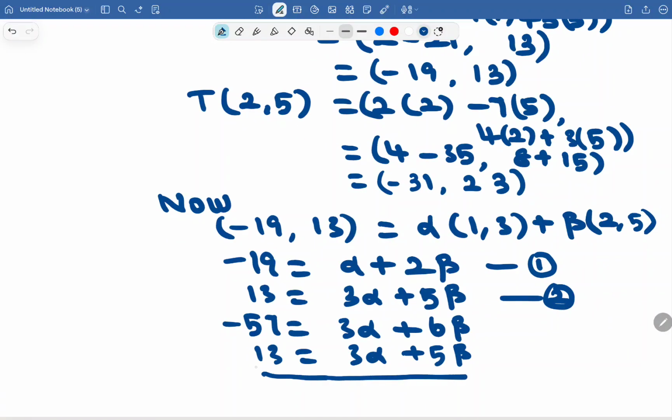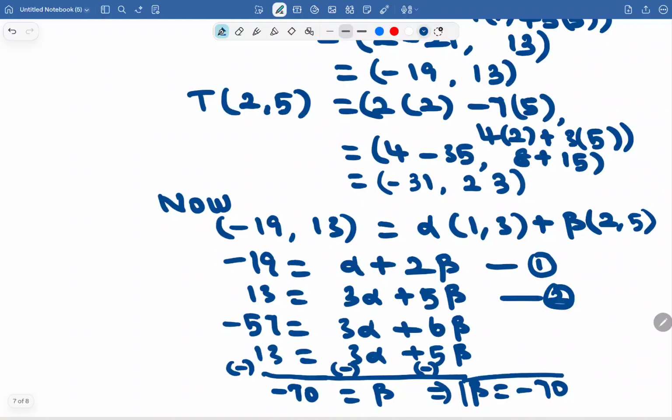Solve these two equations. Subtracting, we get minus 70, which is equivalent to beta. Beta is nothing but -70. Now find the value for alpha.